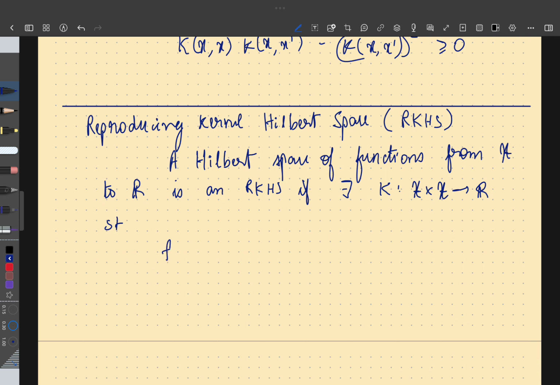You take any f in the Hilbert space of functions from X to R. Let's denote this Hilbert space H.